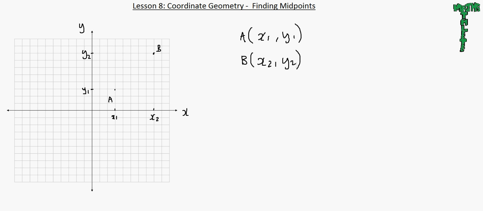Now why have we done this? If we wanted to work out the coordinates, we realize that this distance here is y2 minus y1, and this distance here is x2 minus x1, as we realized before.